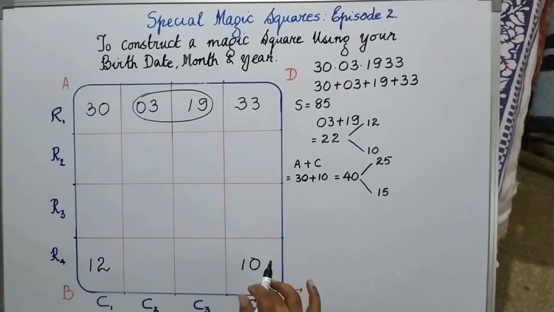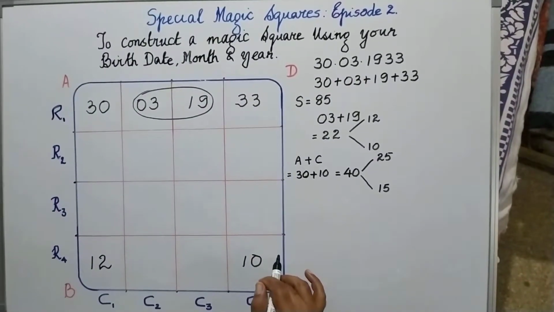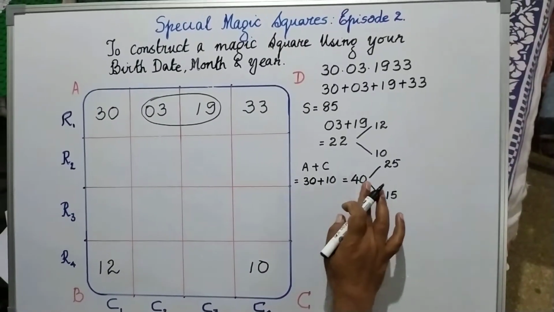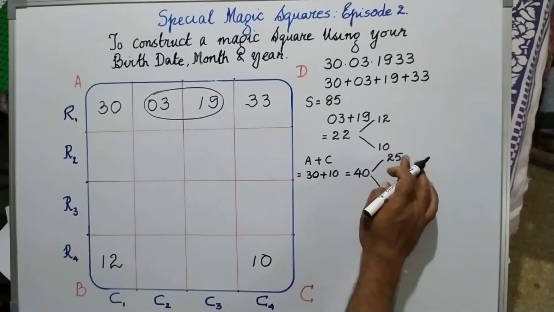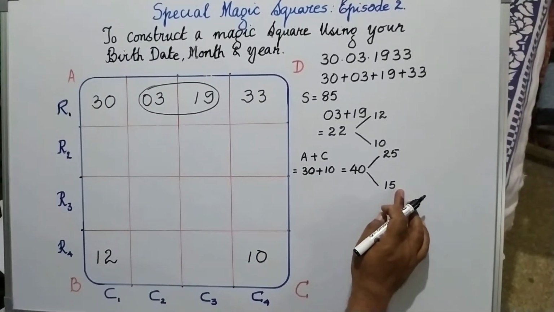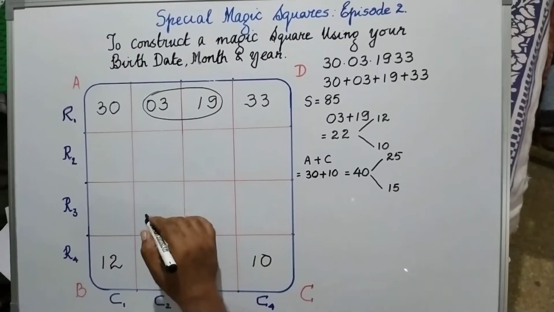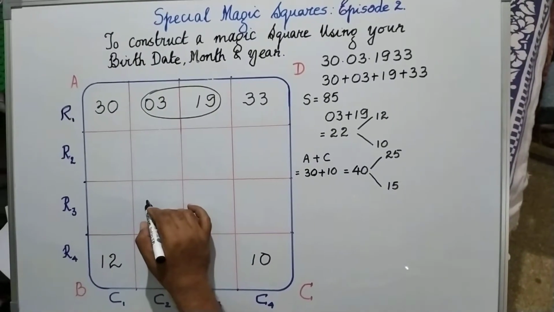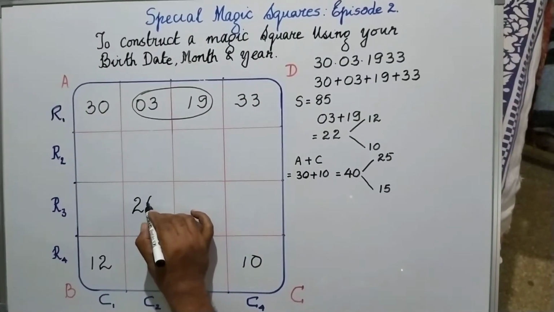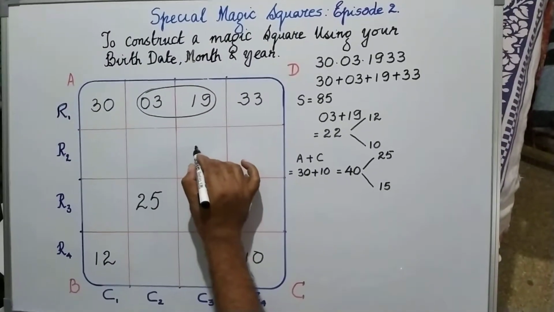A and C belong to the principal diagonal. I will fill it up on the secondary diagonal, the grids which are empty, 25 and 15.